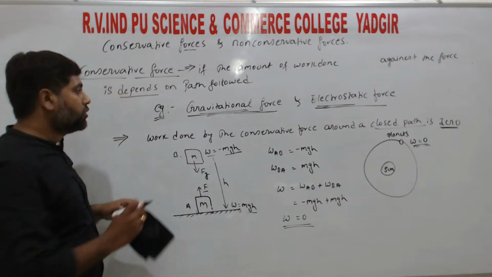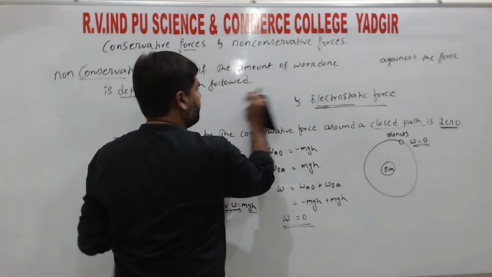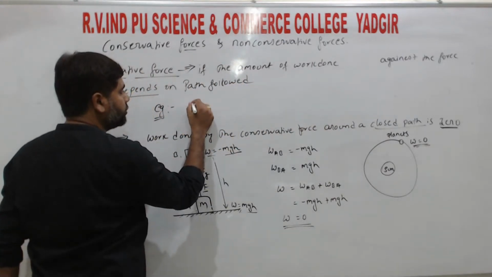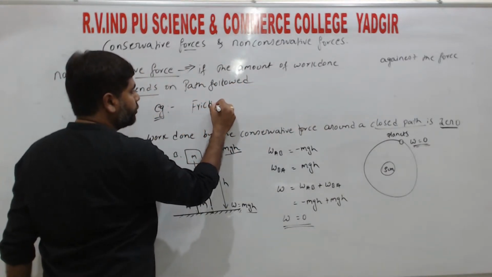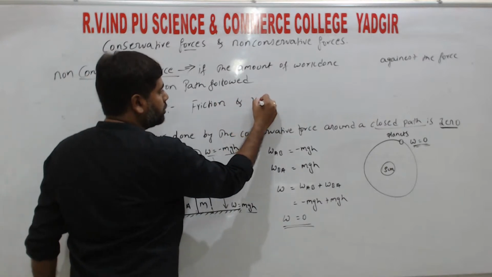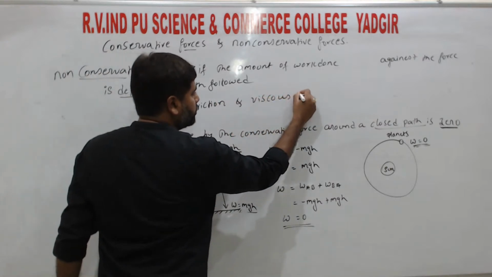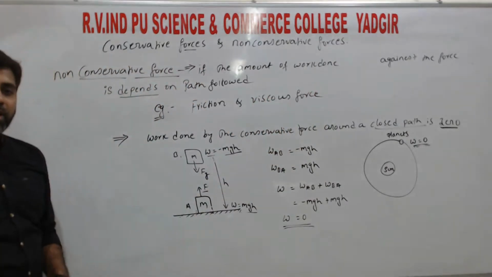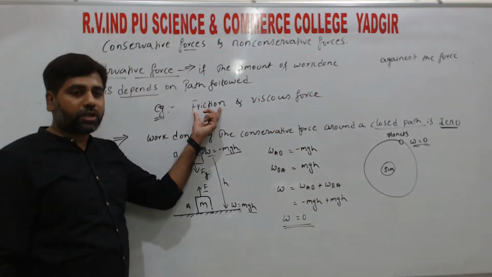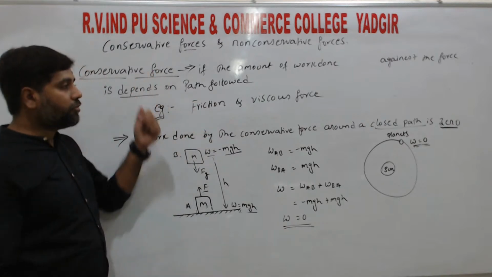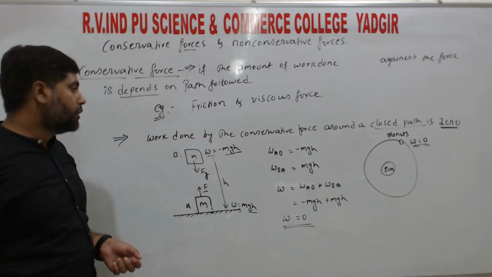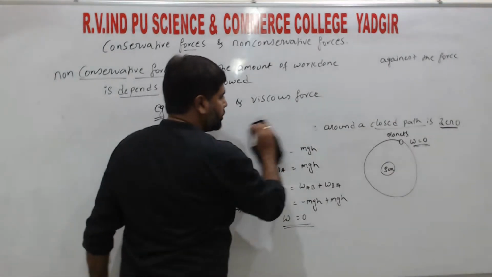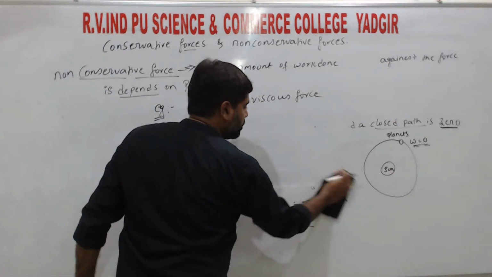Examples: friction and viscous force. Viscous force we study in fluids, and in mechanics it is friction. So friction is a non conservative force. Here we do not have a second condition.